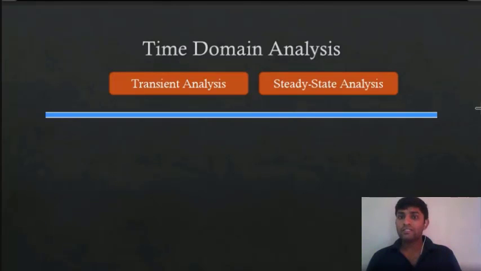So if we consider this line as our time domain, suppose we have a circuit in a stable condition, and at time t equal to 0, let's make a disturbance in the circuit. The disturbance could be that we change the value of the resistor, or any component, remove an element from the circuit, or switch on the circuit.